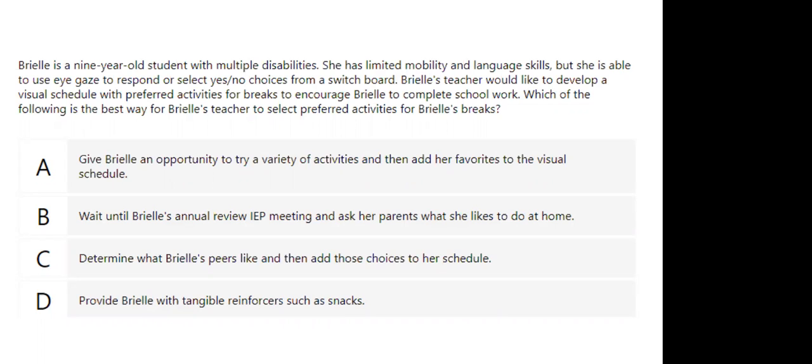Consider she has limited mobility and language skills, but she's still able to participate on a switchboard by her eye gaze. Look at your choices, see which one you think makes sense as being the best way.